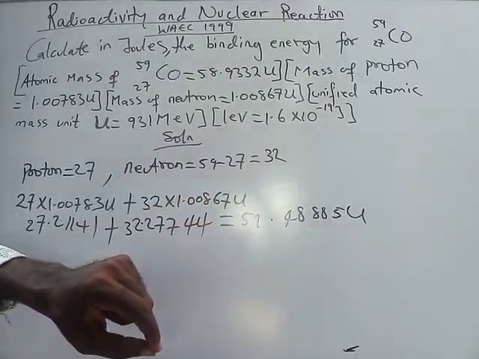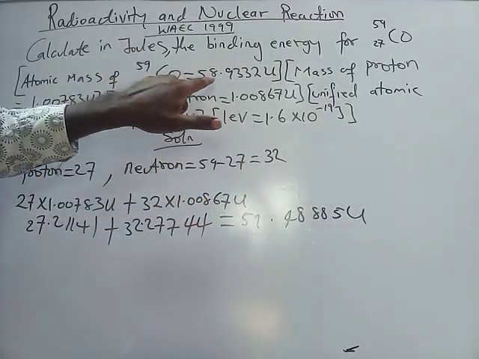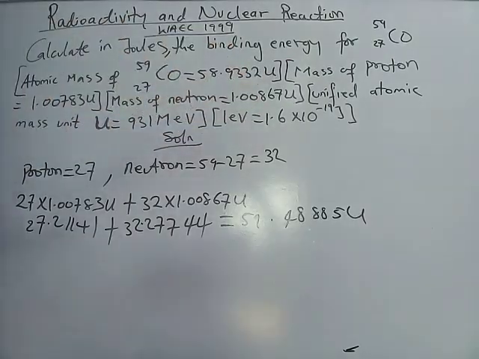But we are told that the mass of cobalt is 58.9332. I said the difference in mass is what constitutes the binding energy.